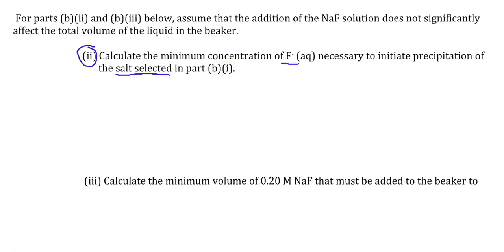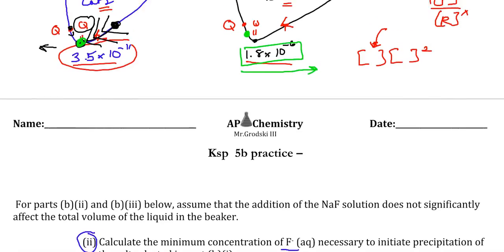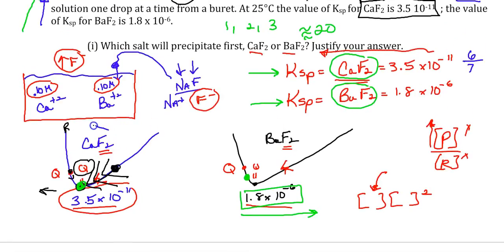So we said previously that calcium fluoride is going to be the salt that precipitates first because it has the smallest K. That means its K position is closer to more reactants, so you need a lot less of them in order to have Q equal K and then go beyond it to go in the reverse.